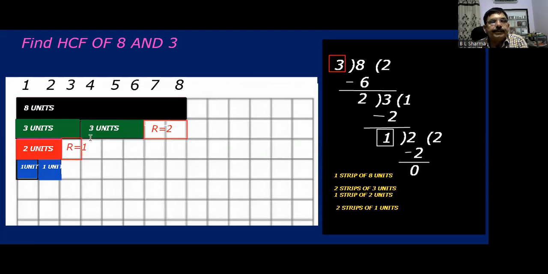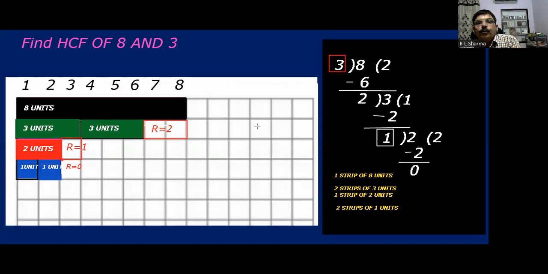This remainder is 1. But when you divide 2 by 1, here the remainder is 0. This portion is the remainder, means here there is no remainder at all.